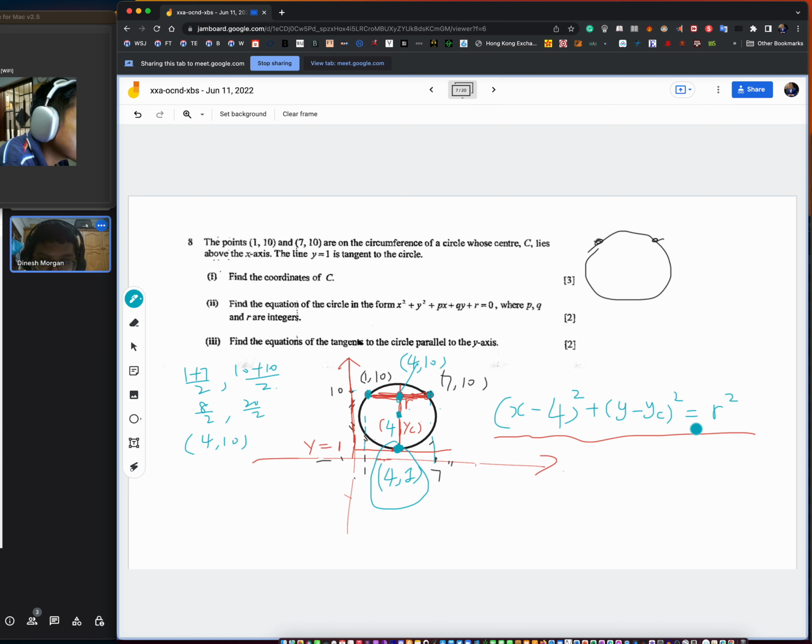Actually, the other way to look at it is this. The other way to look at it is this radius, right, is equal to this radius, is this radius.